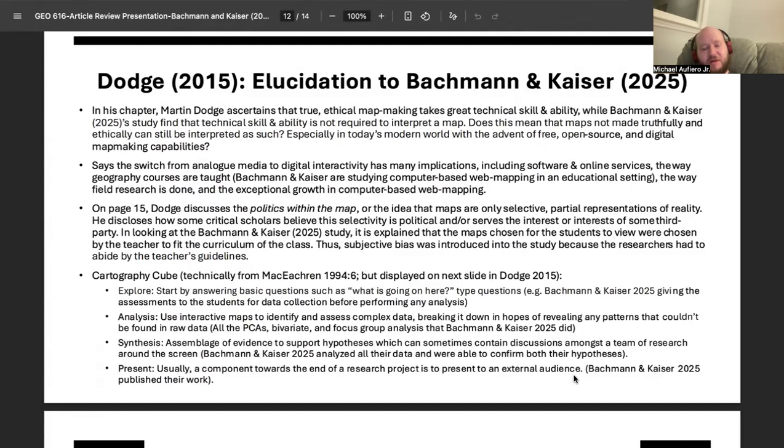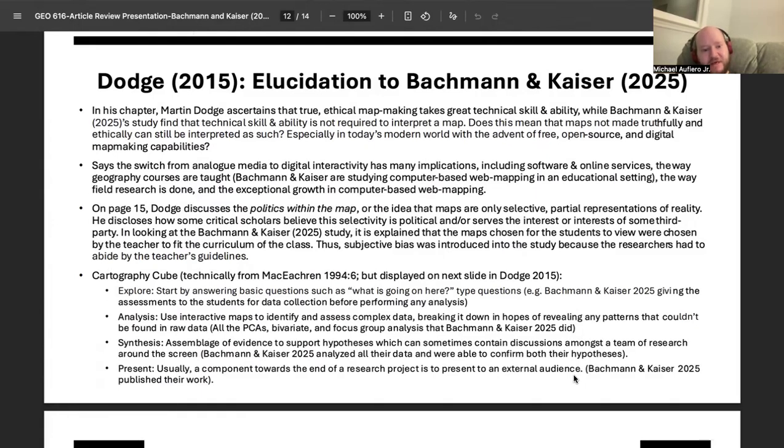And looking at previous studies and seeing what has been done previously, and then giving the students the assessments and collecting the data.